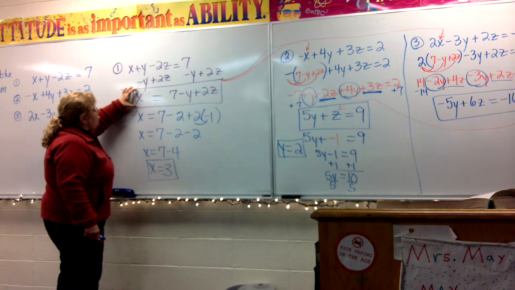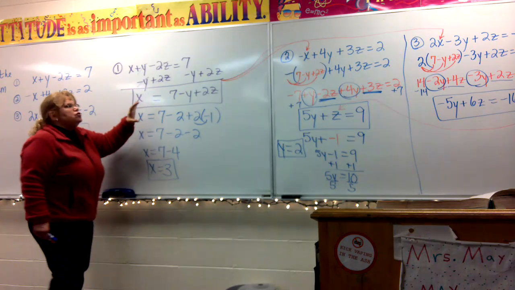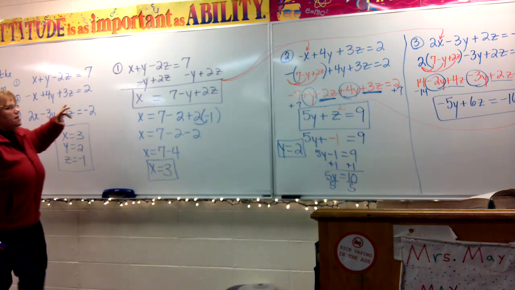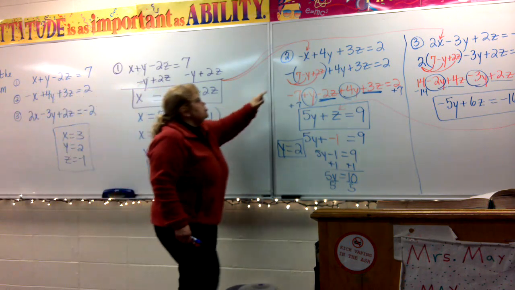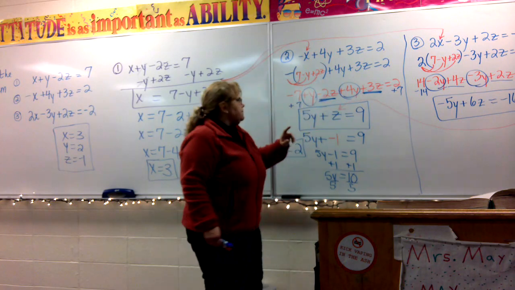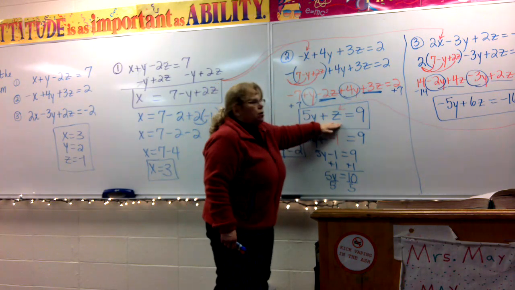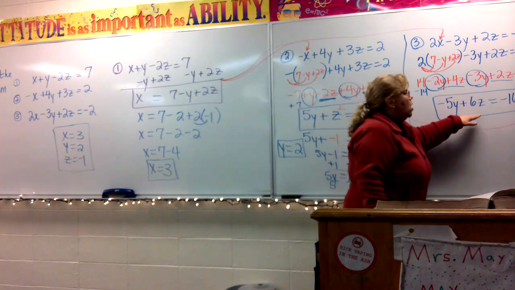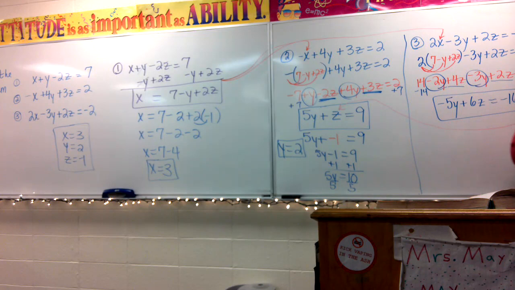Take that equation then and plug it into the other 2 that you haven't used already. So we plugged it into equation 2 and 3 for x and simplify. We got this equation with y and z. We got this equation with y and z. So over here, it's like a brand new problem solving this system.